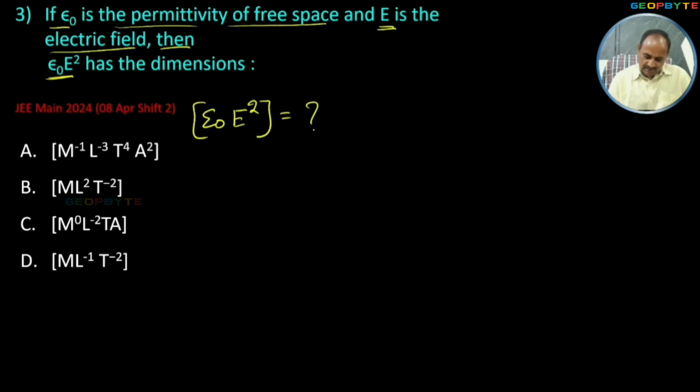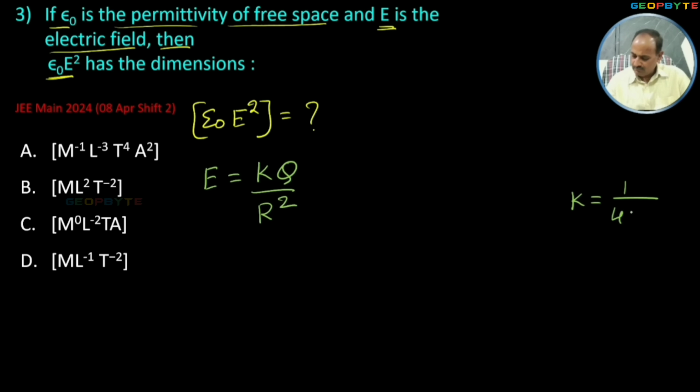As you know, E equals KQ by R square, but K equals 1 by 4 pi times the permittivity of the free space.